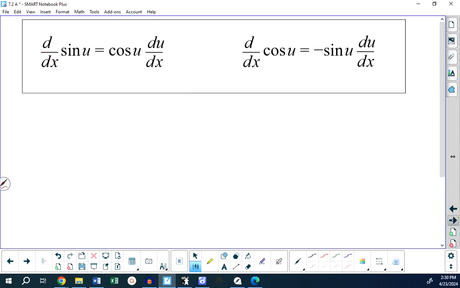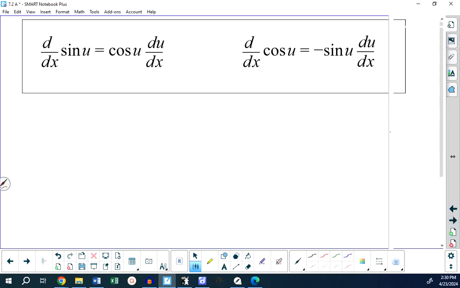The derivative of the sine of something that is bigger than x is cosine of that thing, multiplied by the derivative of the argument.